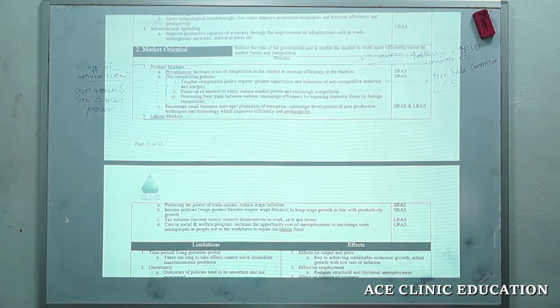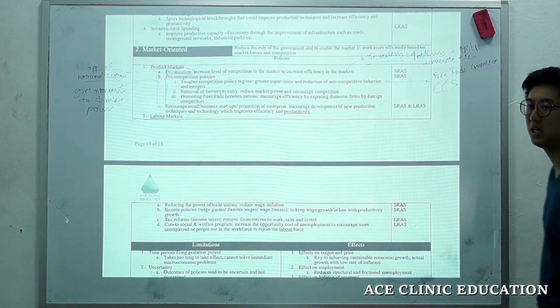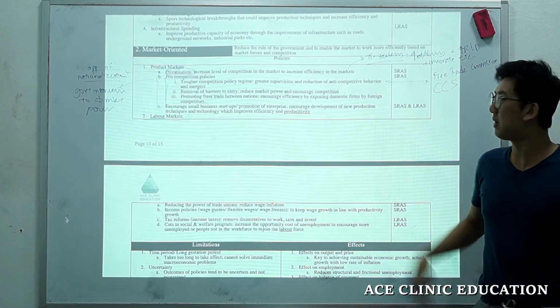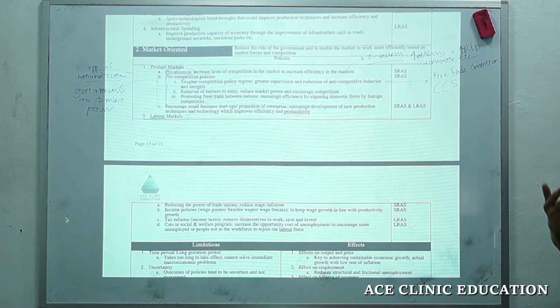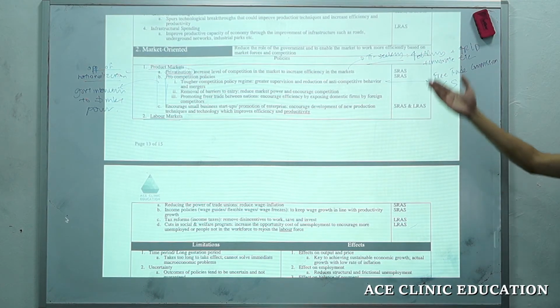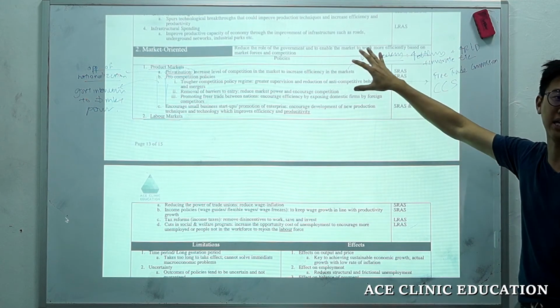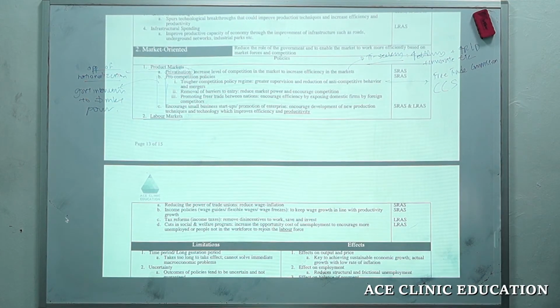The second one is remove barriers to entry. Simple, right? You lower barriers to entry, you encourage more firms to enter, you increase competition. So this part, a lot of leveraging on your firm's knowledge will make your life a lot easier. You've learned that, you can recycle it here. The good news is, because you're talking about firms in a macro context, you don't need to be as rigorous in terms of your keywords. You just need the core ideas.